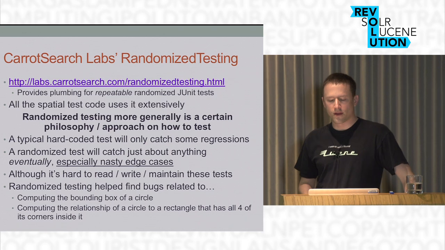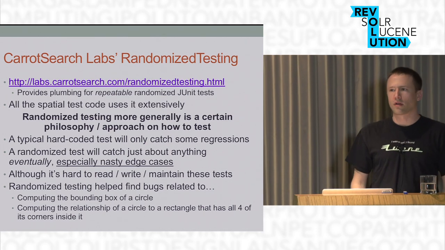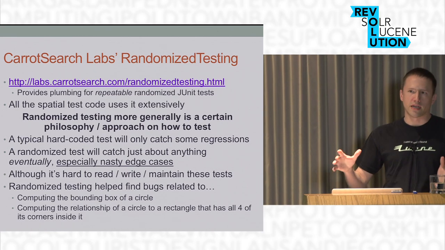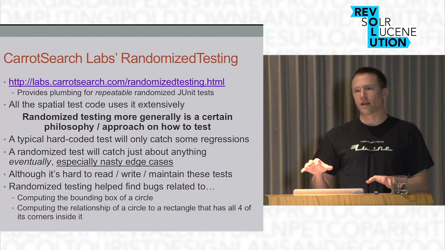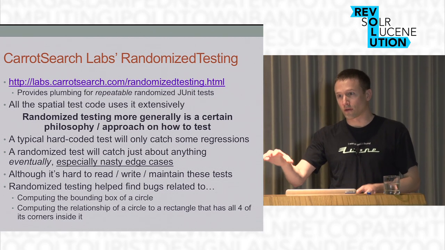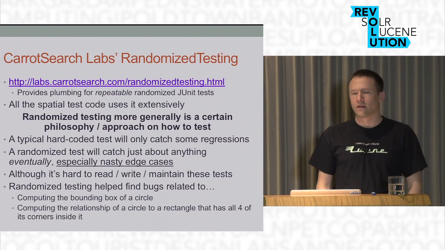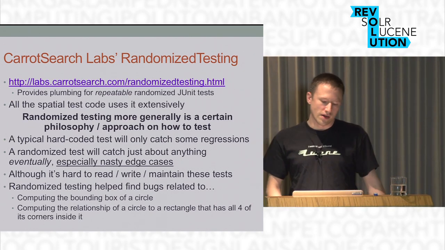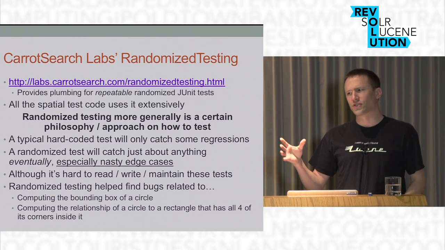The thing about a more typical JUnit test is that you might say, I'm going to test that I've got this rectangle over here. Does it intersect this circle? And if you're literally writing that statically, creating the circle and the rectangle with constant values right there, if it works, it's going to work the first time, and you're not going to be aware of edge cases that might exist.